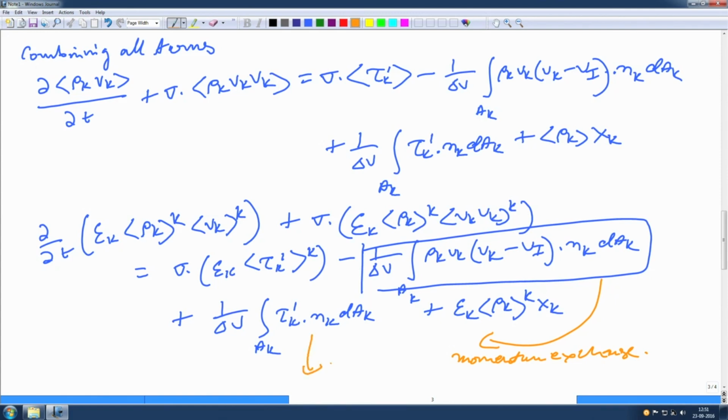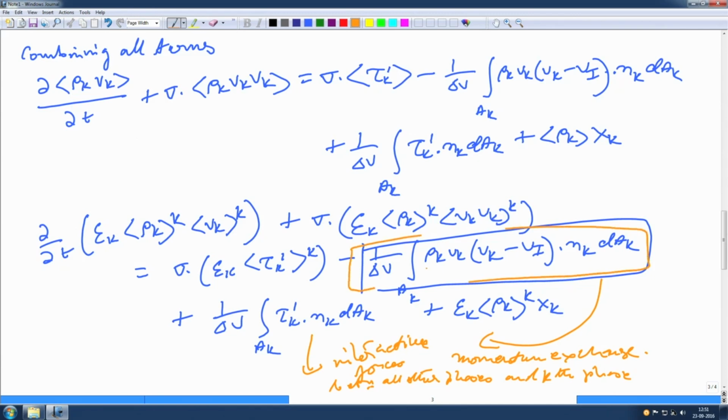This designates some kind of interactive forces between all other phases and the kth phase. So that is interesting. You can see that this is the nature of these two important additional terms that we have carried. One represents the momentum exchange, the other represents the interactive forces.